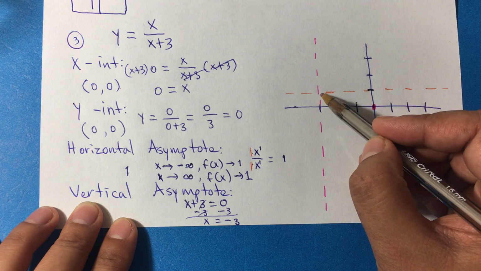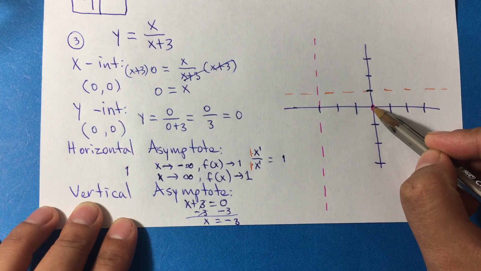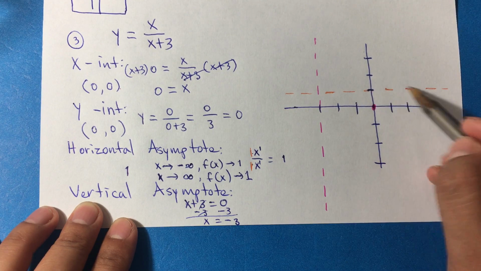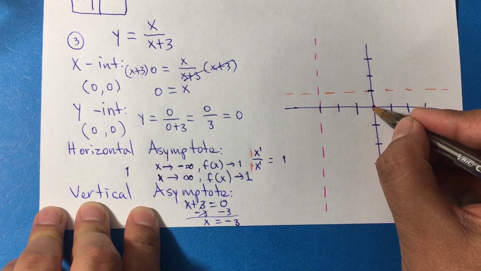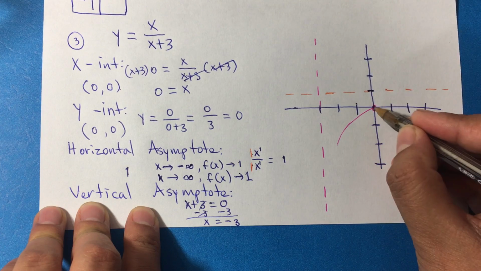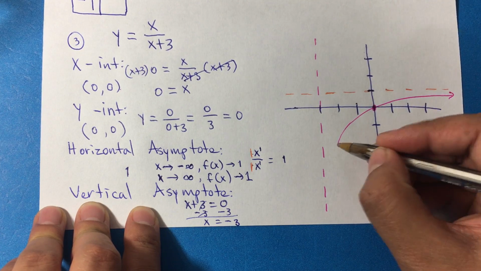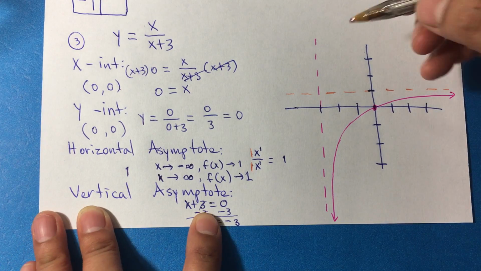That kind of becomes our origin. So it goes through here, it approaches this asymptote, and so we can say that it's going to go something like this. It's a very rough sketch, but we'll see with the table how it looks.